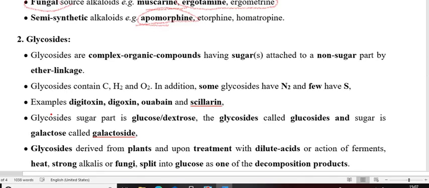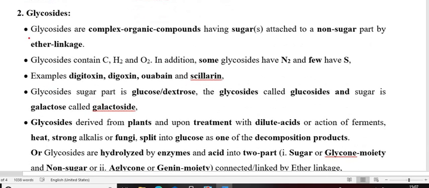This is also very interesting and important: glycoside. So glycoside, what is this? If you want to define glycoside, it is usually a complex organic compound, very important point, made up of two moieties.